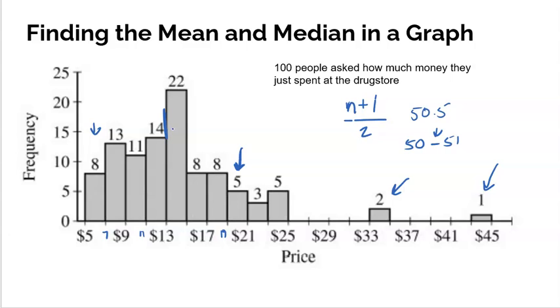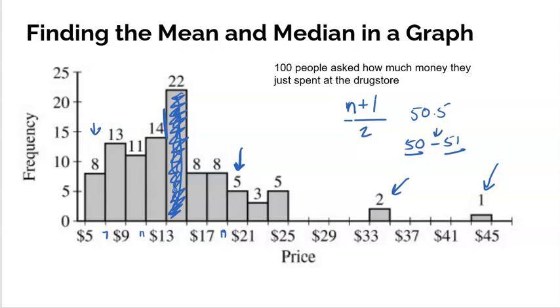That means the 47th, the 48th, the 49th, the 50th, and the 51st value are all in this bin right here, right? Because if I go past this bin, now I'm at 68. And again, I'm looking for the 50th and 51st value because that's where the median is, right in between the 50th and 51st value. So I don't know what those values are. I truly don't. But I do know that whatever the 50th value is, it's in this bin.